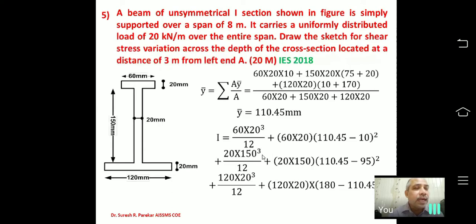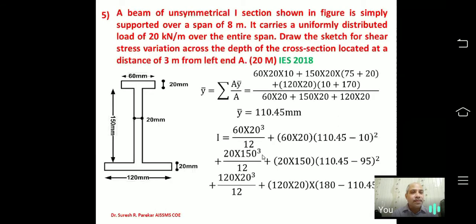Now I have calculated I, which is BD cube by 12 plus A into H square. So for the first flange, that is the top flange, B is 60, into 20 cube by 12, plus A into H square. A is 60 into 20, and H is the distance of the centroid of the top flange to the neutral axis.